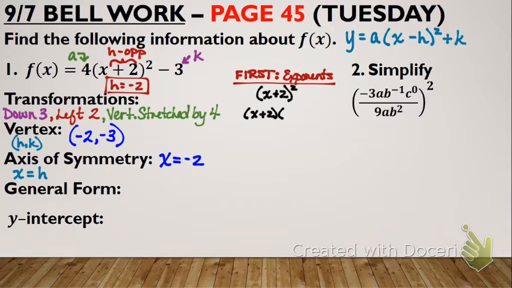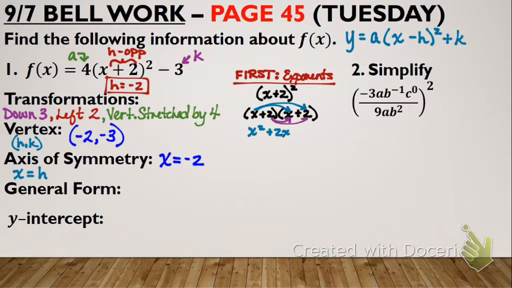X plus 2 times another x plus 2. We need to use double distribution. Remember, when we're squaring a binomial like this, you can't just square the x and square the 2. That is not how this works. So I'm going to take the x and distribute it to both pieces. So I'd get x squared plus 2x.